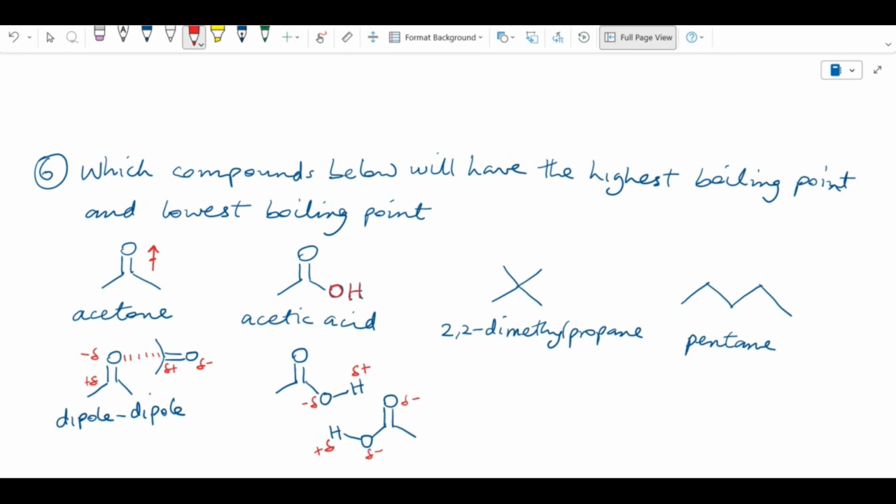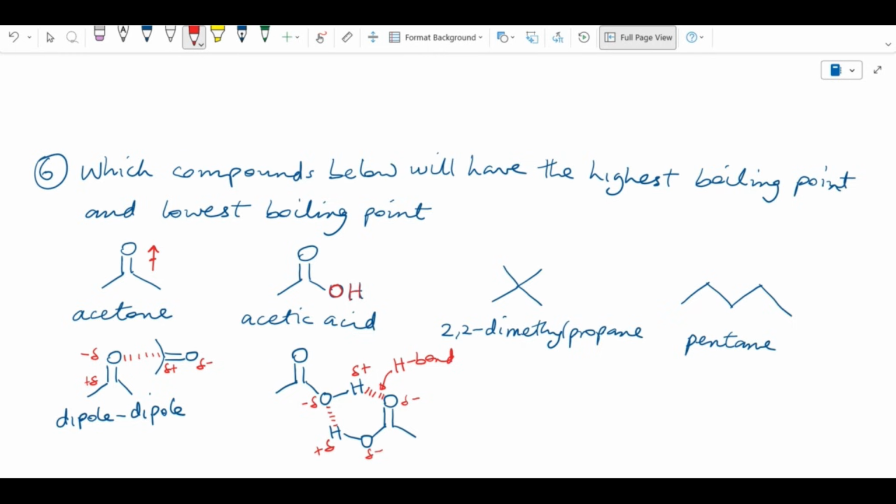What this means is that this proton could hydrogen bond to this oxygen, to the carbonyl oxygen, and this oxygen could form a hydrogen bond with this proton in another molecule of acetic acid. So this is hydrogen bonding interaction.